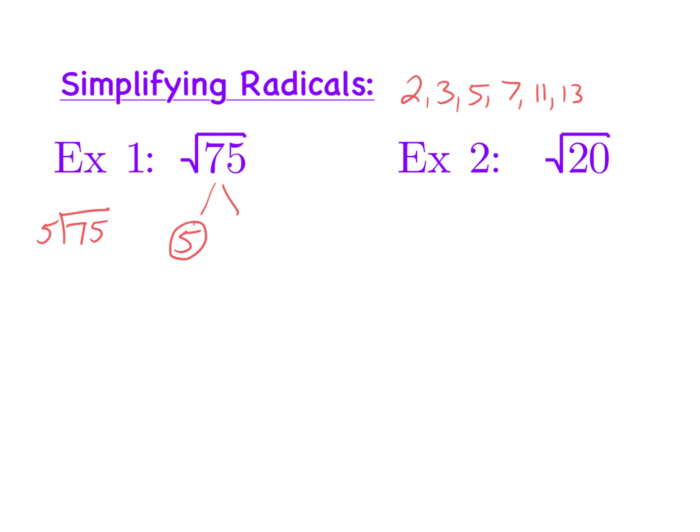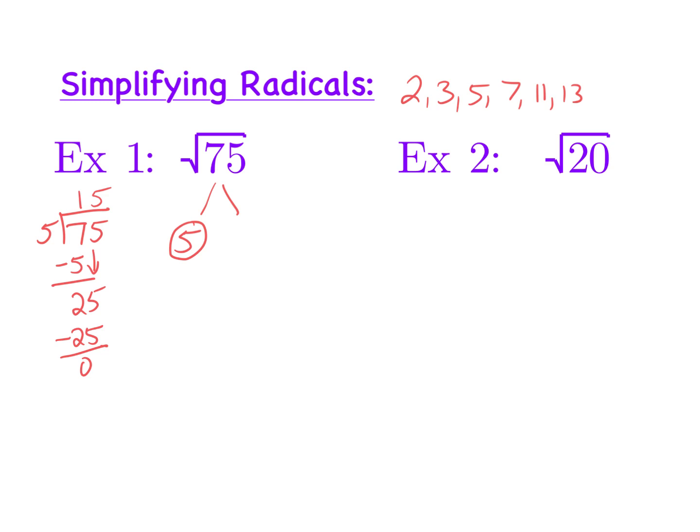So how many times will 5 go into 7? Once. 1 times 5 is 5. So we subtract 5. 7 minus 5? 2. And then bring the 5 down. How many times will 5 go into 25? 5. Minus 25. And we have 0.